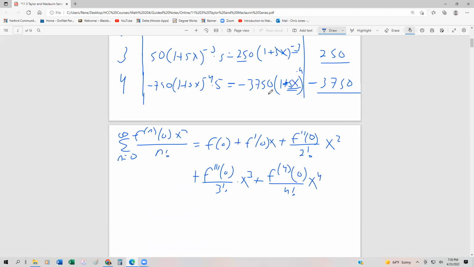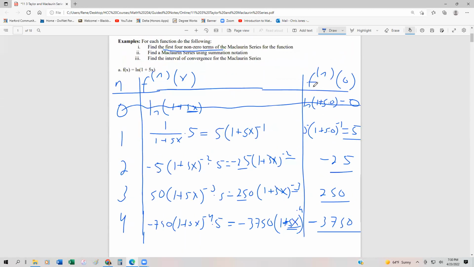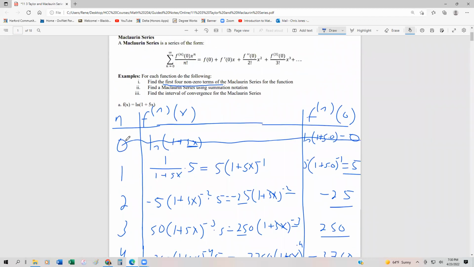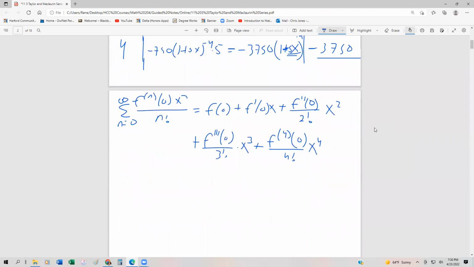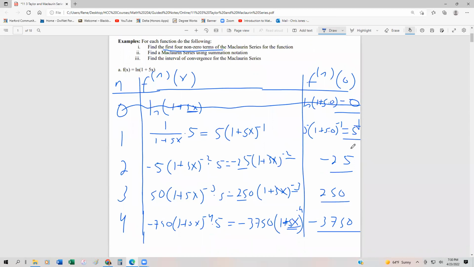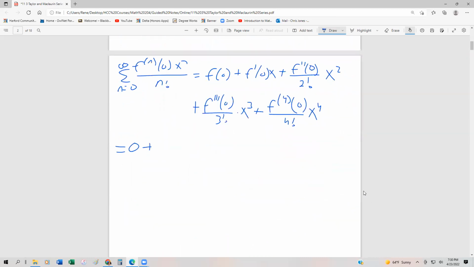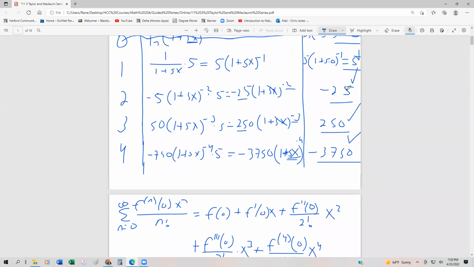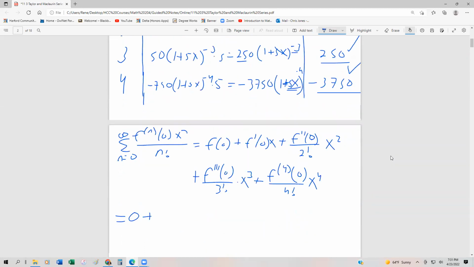All right, now, f at 0, if we substitute back into that 0th derivative, that was just 0. Okay, so if I write this out, that's going to be 0 plus, and we're just going to go right down the list and substitute these values back in for the 1st, 2nd, 3rd, 4th derivative. Okay, so remember we had 5 up here, and then negative 25, and then 250 and 3750.